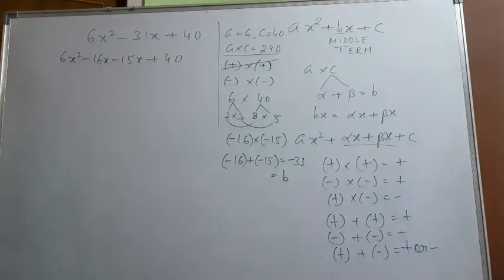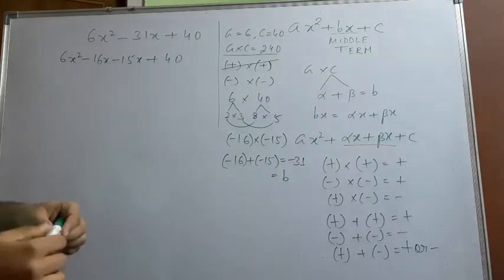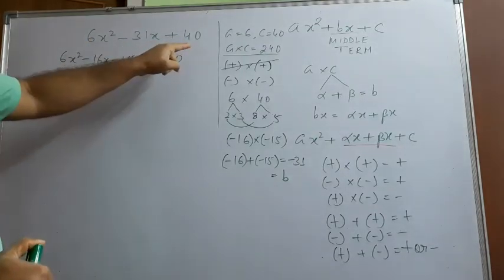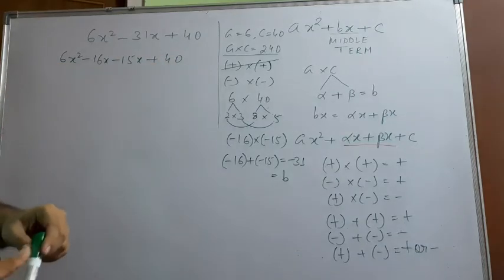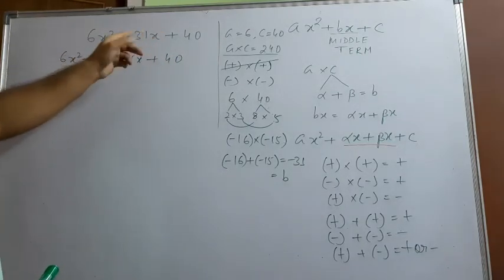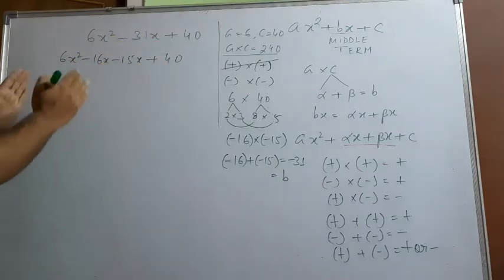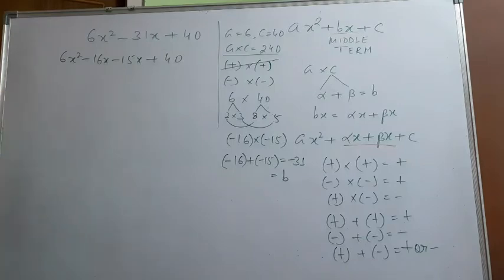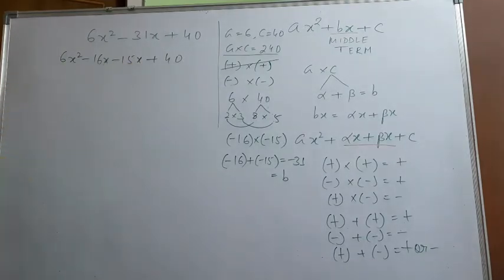Now here one thing you have to remember. In my previous example, A, B, C were all positive, so when you split it, all the four terms were positive. Now, out of A, B, C we have some negative values also. B is negative here. So when you write it as a sum of four terms after splitting the middle term, you have some negative terms also.